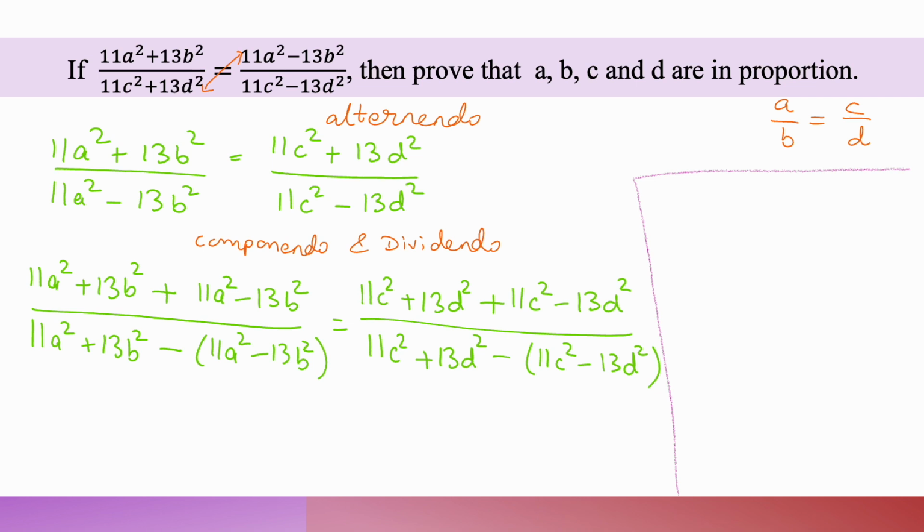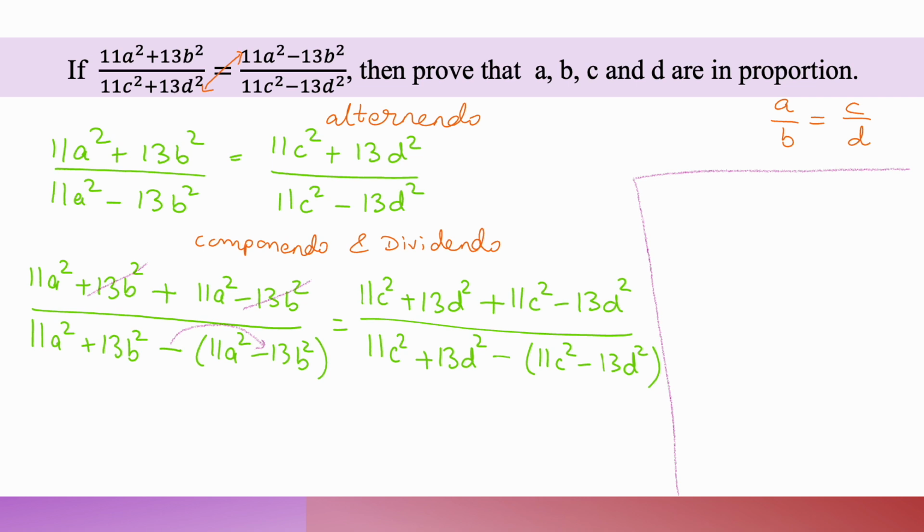Now when we simplify this, plus 13b square and minus 13b square cancel in the numerator, and what is left is 22a square. In the denominator, when we open the brackets, the sign inside the bracket will change, that is minus into minus will become plus.